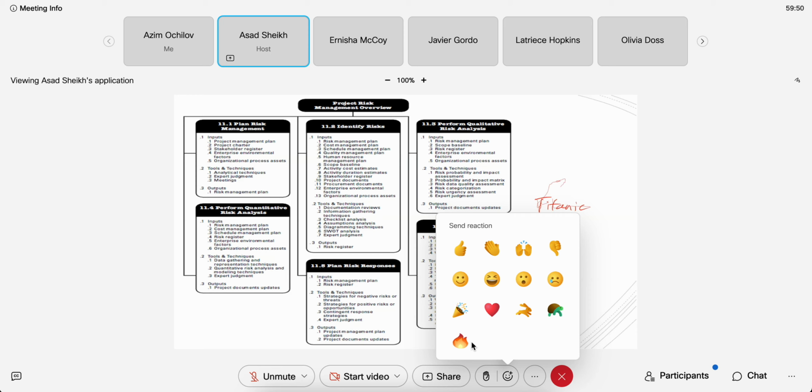Do you know about Titanic or not? Okay, she doesn't know. All right, we'll touch a little bit on Titanic. Azim, do you know about Titanic? Yeah, okay. So I think it's Takira who doesn't know. All right, that's fine. We can talk about Titanic.